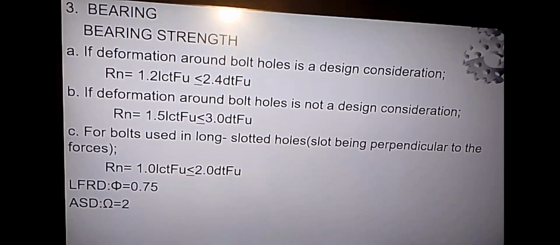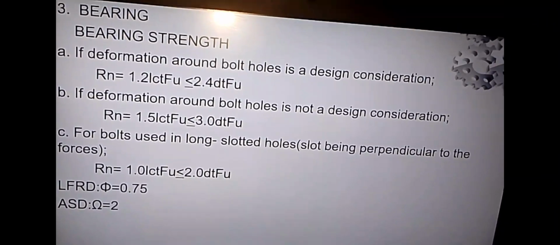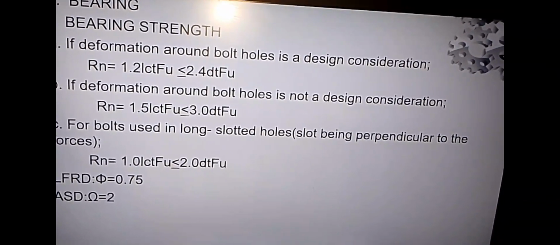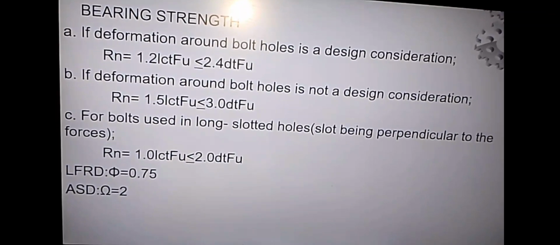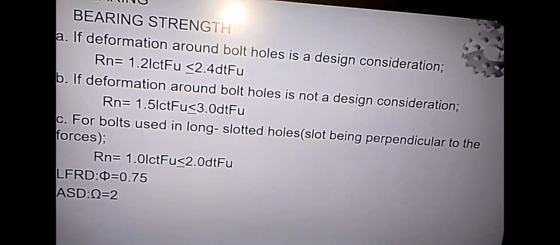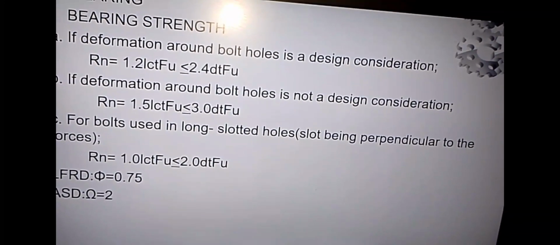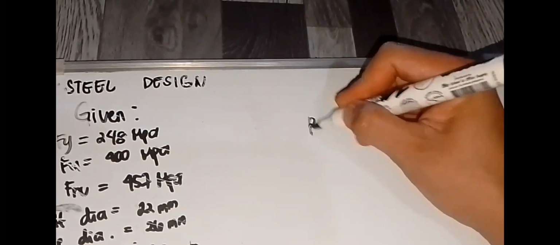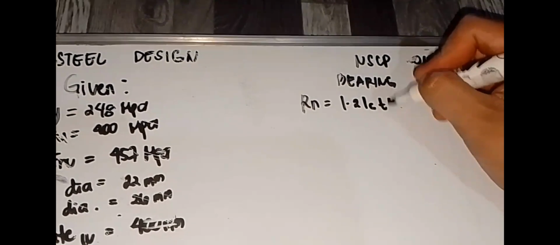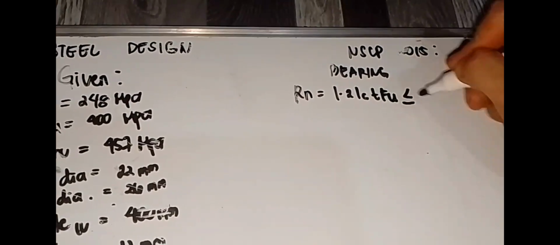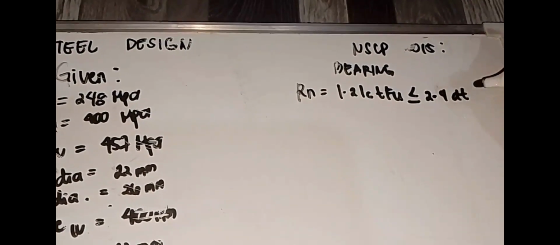So since the deformation around bolt holes is a design consideration, we must use the formula Rn is equals to 1.2 Lc t Fu less than or equal to 2.4 d t Fu.